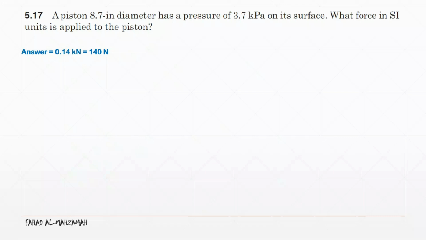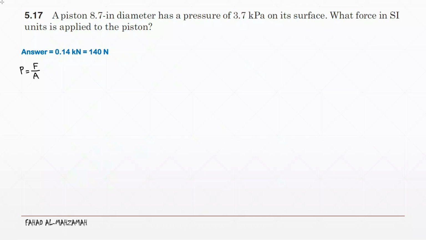So we will not use Pascal's law, we will use the pressure formula. The pressure formula, we know, is P equals force over area. So the force now is not given, he asked for force.